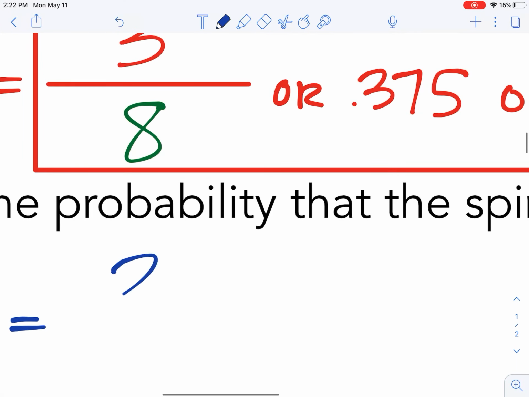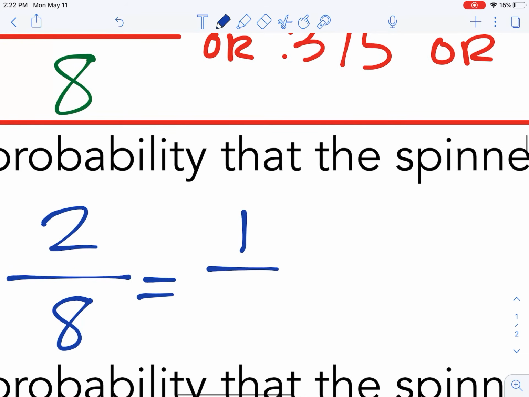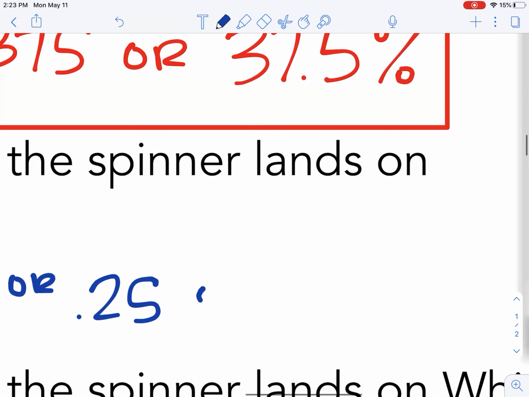So there are 2 favorable outcomes out of 8 possible outcomes. So our probability is 1/4, or you can write this as 0.25 or 25%.